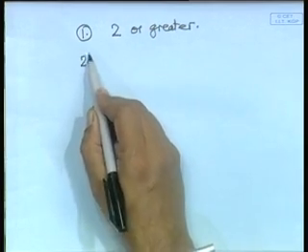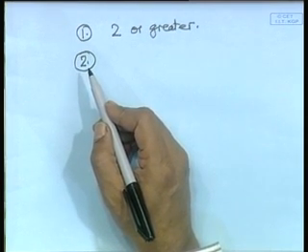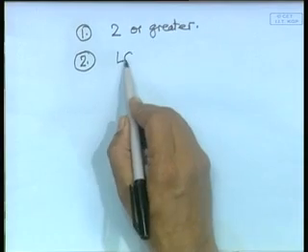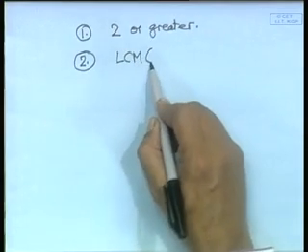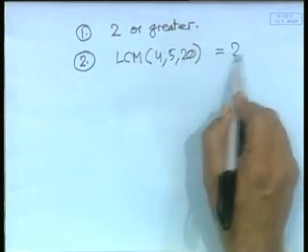Now, let us look at the second constraint. The second constraint is that the frame size should divide the LCM of the periods, right. Now, what is the LCM of the periods? LCM of 4, 5, 20 is 20, is not it?